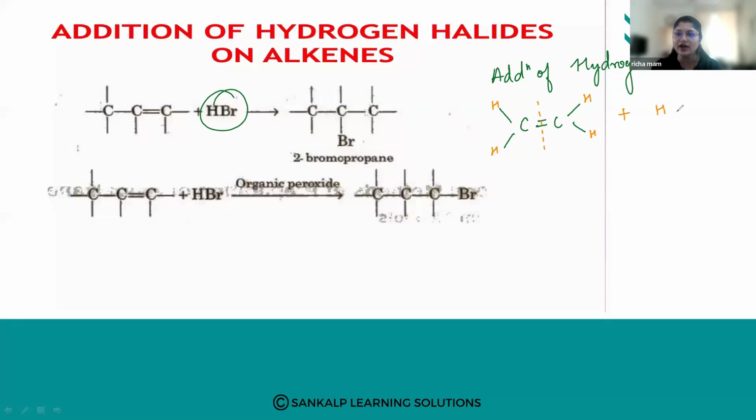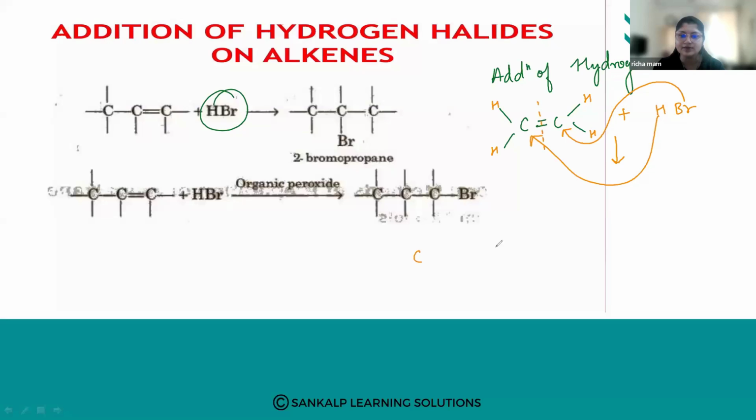Whenever you are adding a hydrogen halide across a symmetrical alkene, the hydrogen can attack on either carbon, because it is a symmetrical alkene. Symmetrical means on either side the number of carbon atoms is the same.